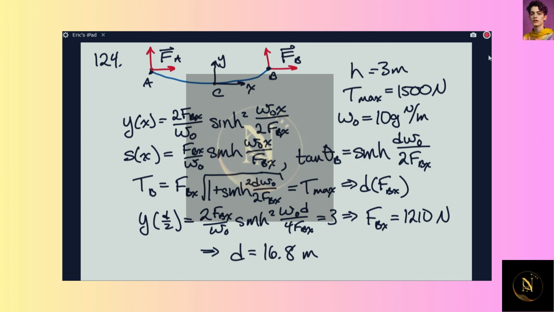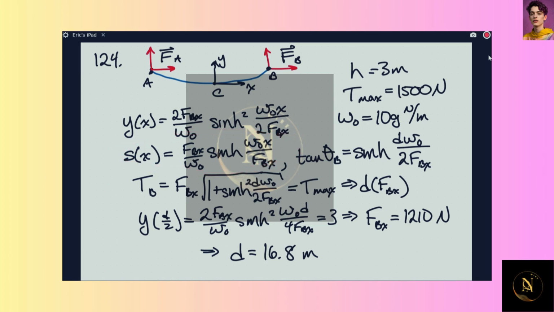So again, our position is given by this expression, and the S, the arc length coordinate, where we are on this cable as a function of where we are horizontally, is given by this expression.